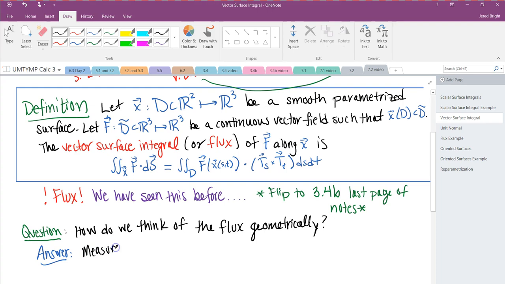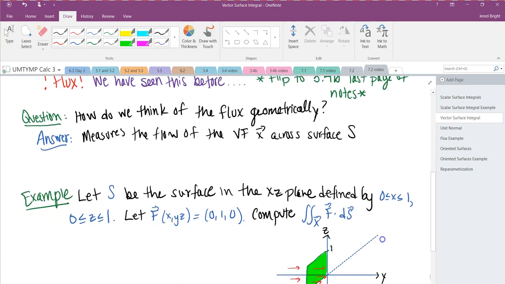It measures the flow of the vector field F across the surface S. So it's just adding up how much is going across our surface. And to that end, we have an example here.